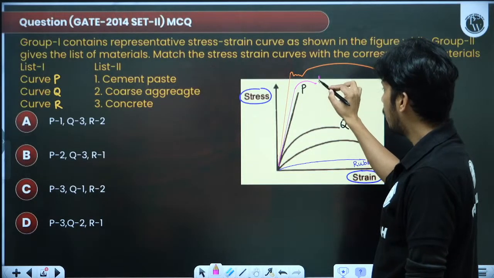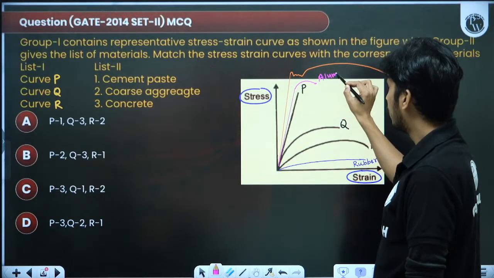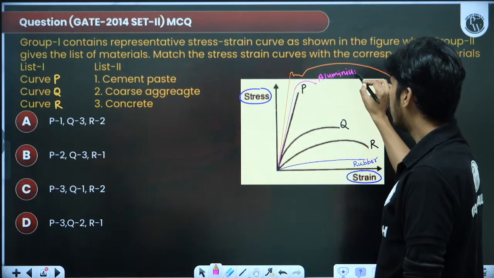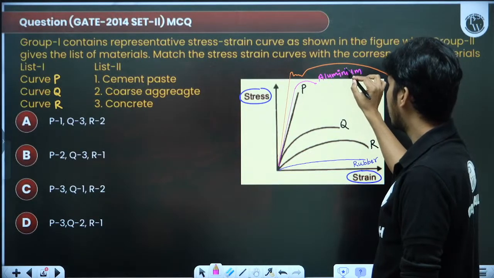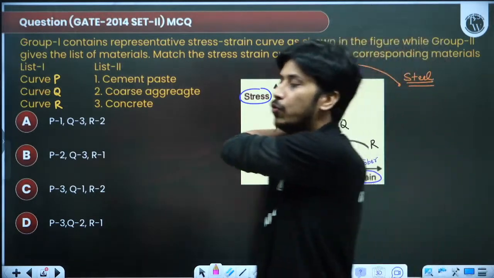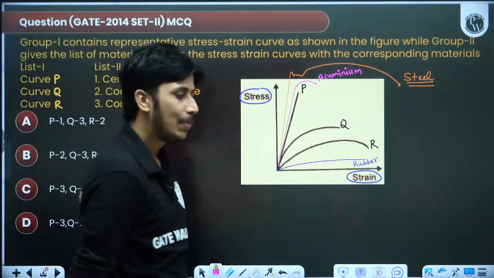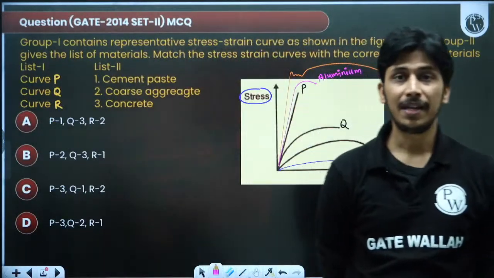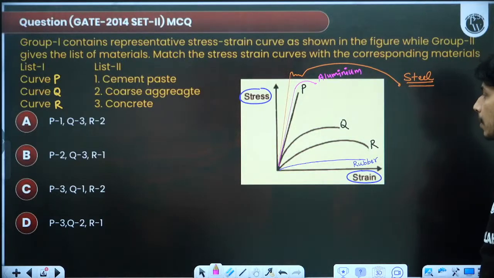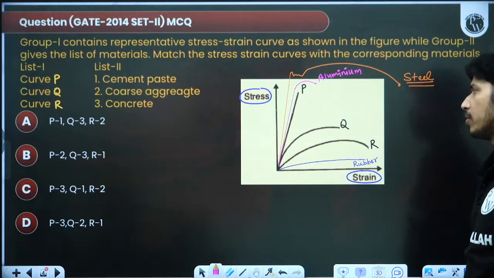This is for aluminium. So you must know the stress strain curve of the metals which are mostly used. Aluminium, copper, steel for engineering purposes. Aluminium, copper, steel, timber, rubber, concrete, coarse aggregate, cement paste. These all things you must know.